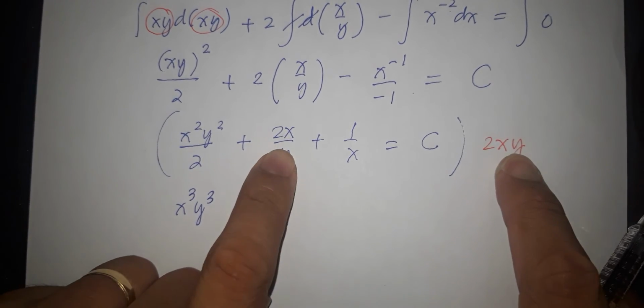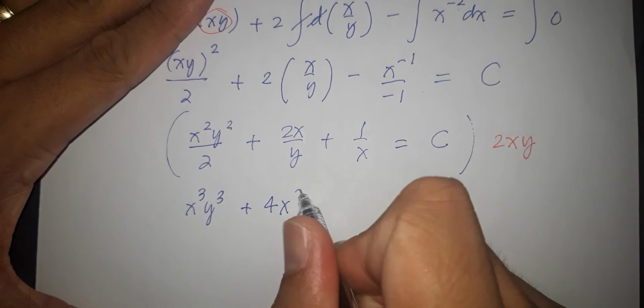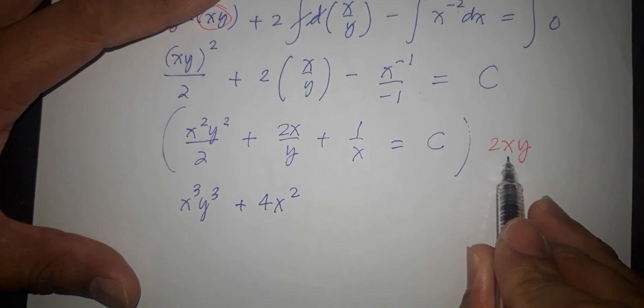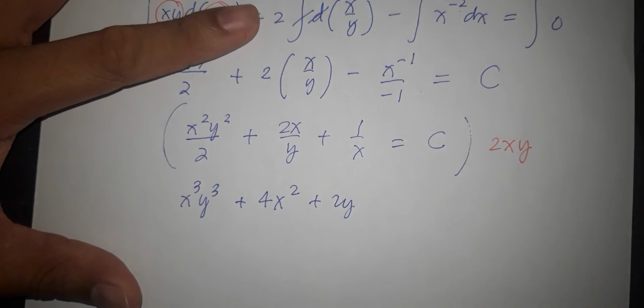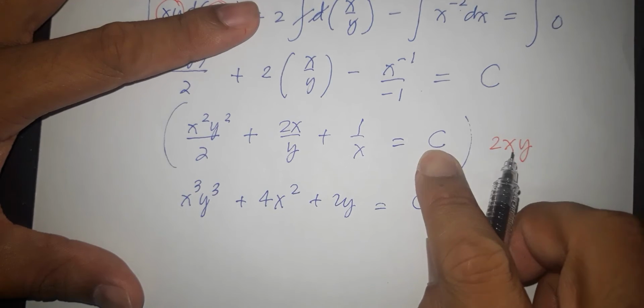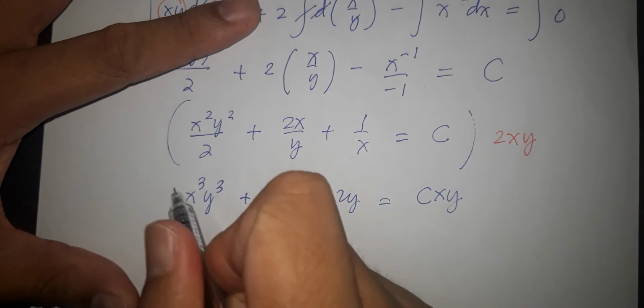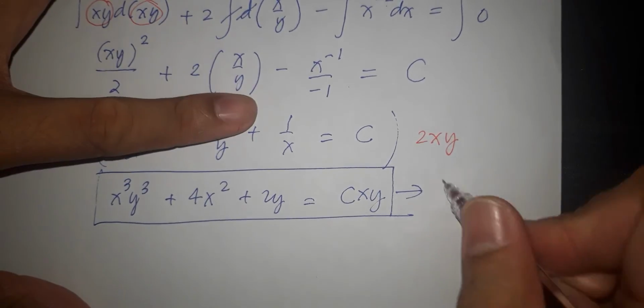Y cancels out, this gives you 2x times 2x is 4x squared. And then that x cancels out, that gives you plus 2y, is equal to c times 2 is c xy. So that will be our general solution.